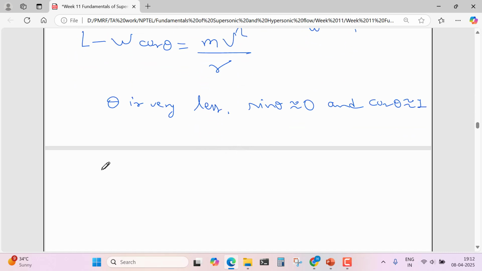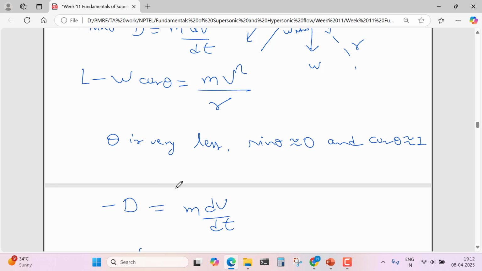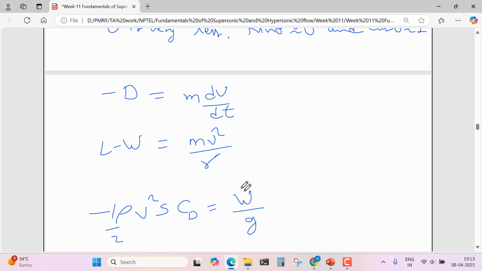Then we will get the equations minus D equal to m dV by dt and L minus W equal to m V square upon R. If we take the first equation, then D can be written as half rho V square S CD, equal to W upon g, mass we can write as weight upon g, dV by dt.